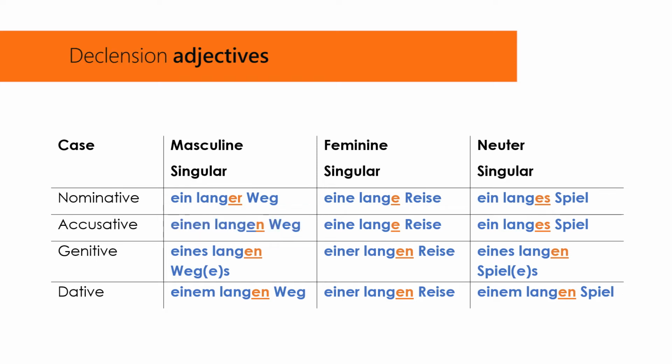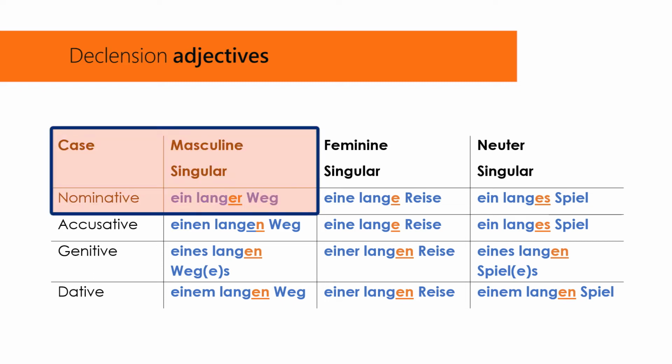Then when I say change gender, here I have a table that has 3 different words, and each word has a different gender. Weg, way, masculine, Reise, feminine, Spiel, neuter. Now, what is the ending in masculine nominative, singular, indefinite? You see, langer.